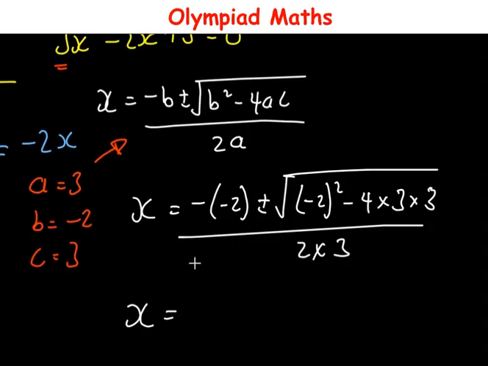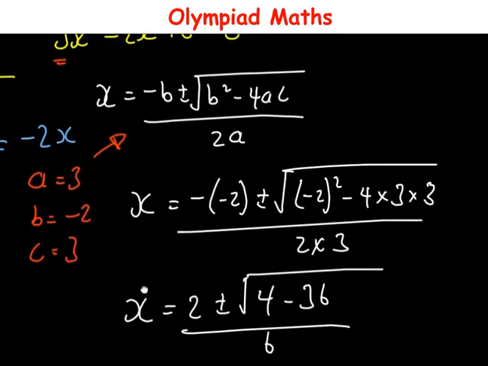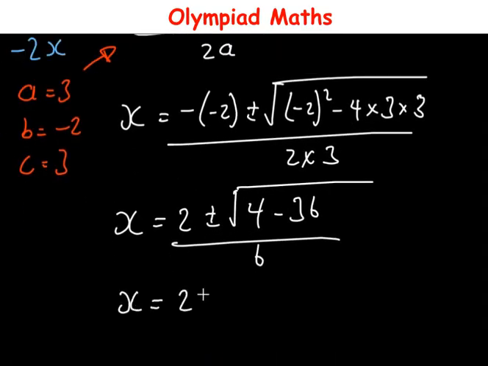So x is then equal to minus times minus 2, which is plus 2, plus or minus square root of minus 2 squared, which is 4, then minus 4 times 3, which is 12, times 3, that is 36, all over 2 times 3, which is 6. And with this, x is then equal to 2 plus or minus square root of 4 minus 36, which gives us minus 32, over 6.